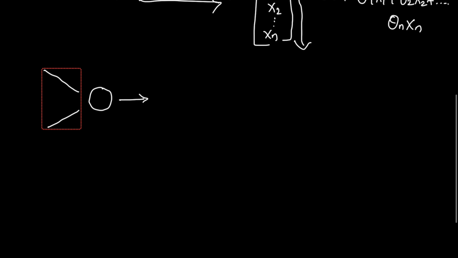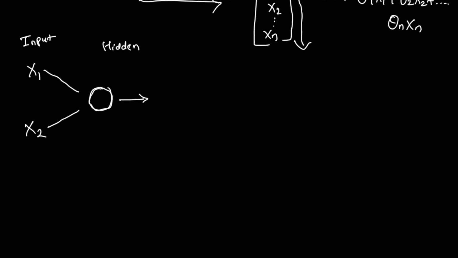We have x1 and x2. This is the input layer, and this is the first hidden layer, and let's just look at the first neuron of the hidden layer. It does some function f and gives the output. Now what is this function? It's exactly this same linear function.